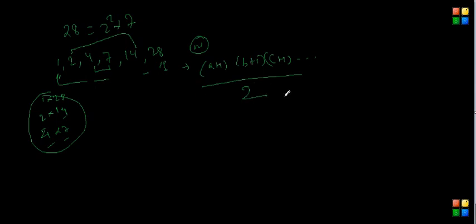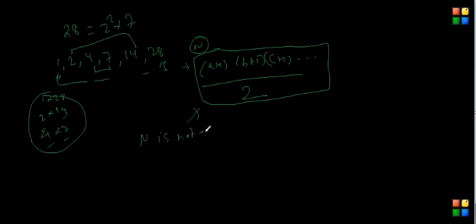This will be the total number of ways of writing n as a product of two numbers, only when, remember, the number n is not a perfect square.